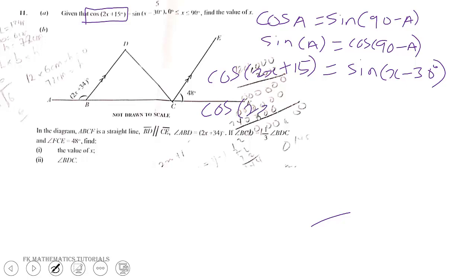Cos 2x plus 15. You can also decide to maintain the right hand side, but we are maintaining the left hand side, and we are writing this in terms of cos. So this whole thing here is like sine A. So that will be equal to cos 90 minus A.